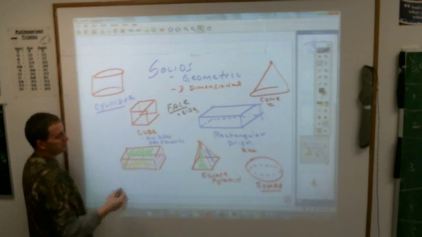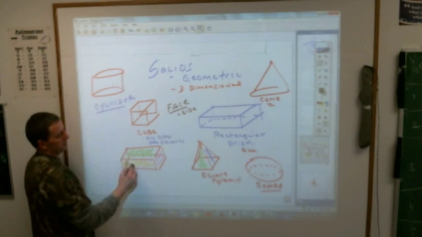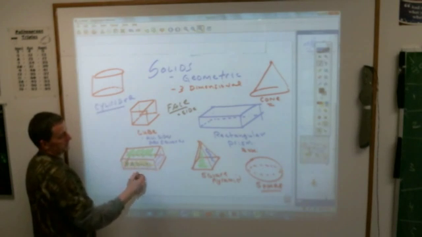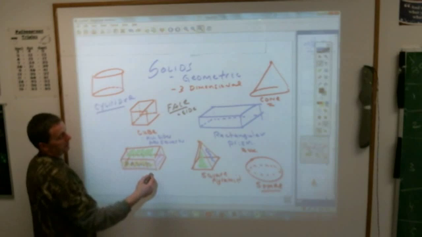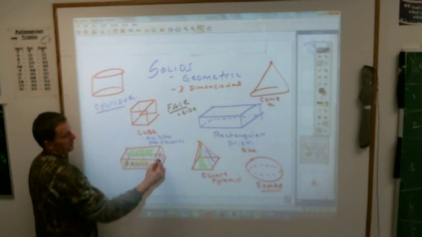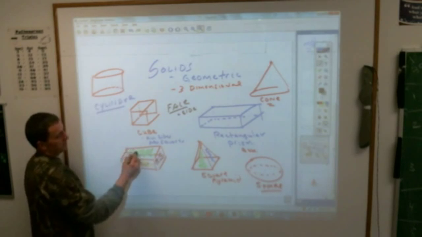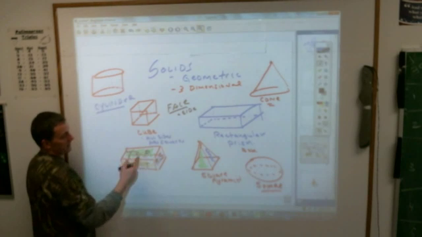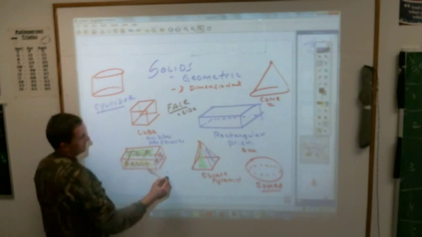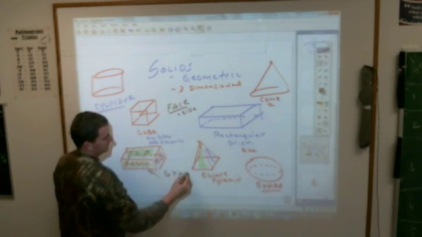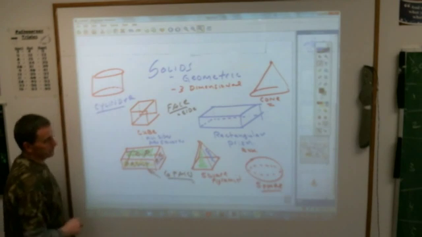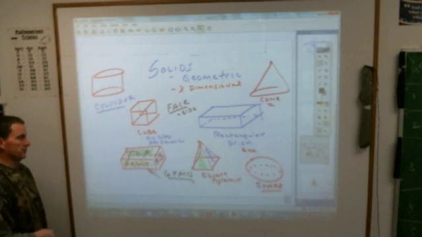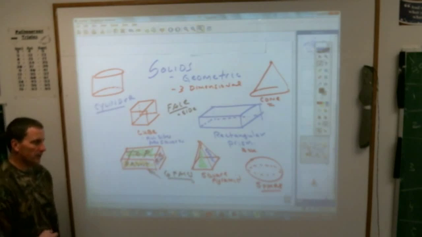You can't see 3 of them. You've got this front, that's a face, and there's a back there. You've got the right side, a left side, and a top and a bottom. This has 6 faces. All prisms and cubes have 6 faces.